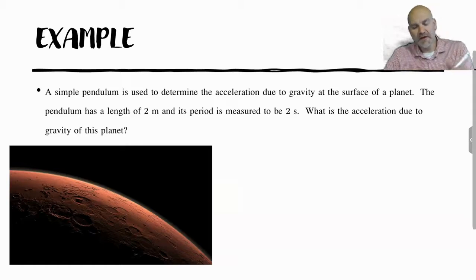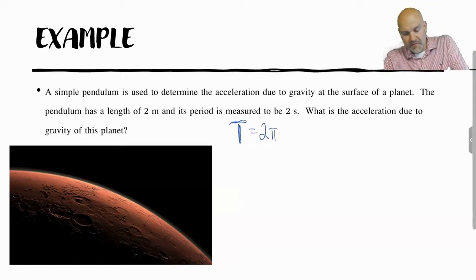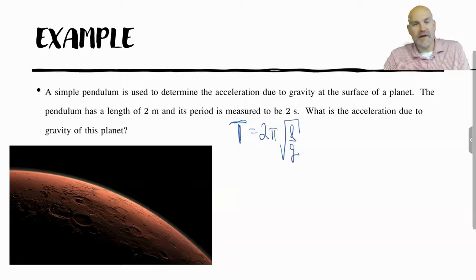The cool thing about pendulums is that because of the equation, we can confirm the acceleration due to gravity on planets. One of the factors is acceleration due to gravity.